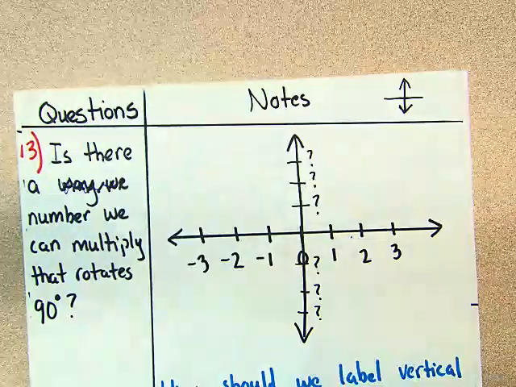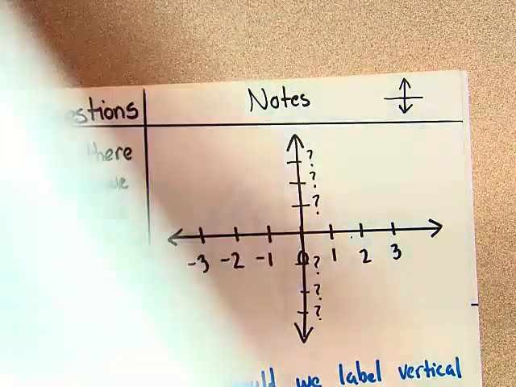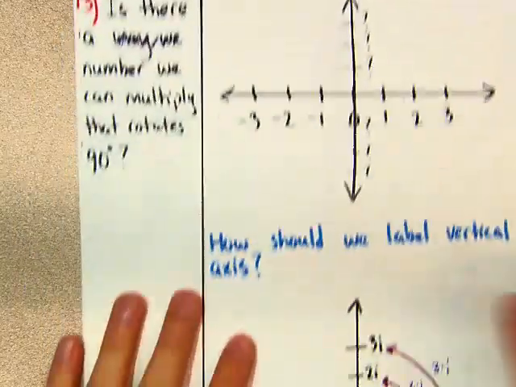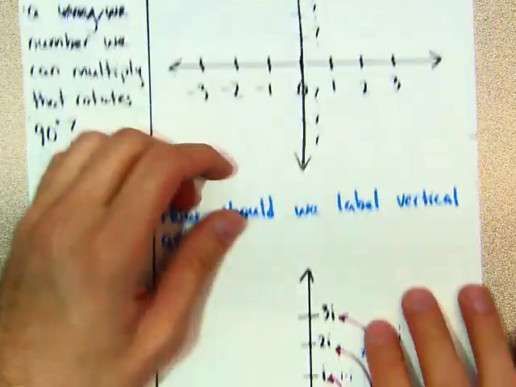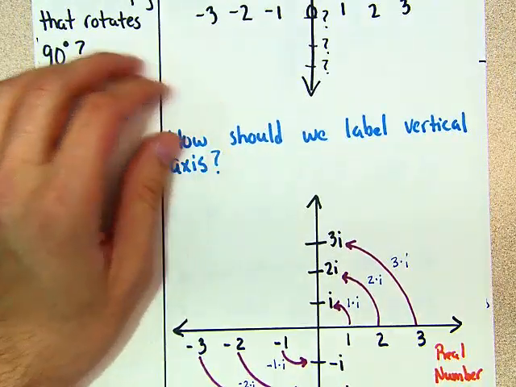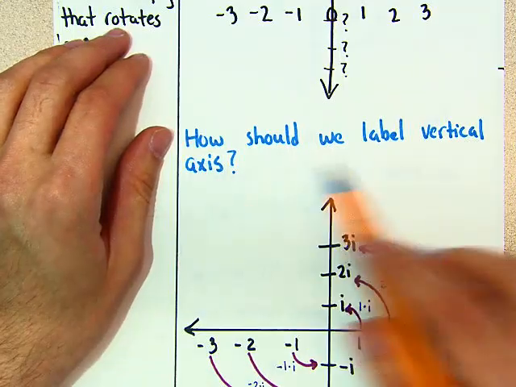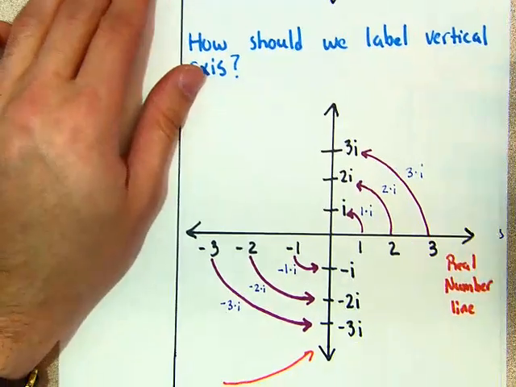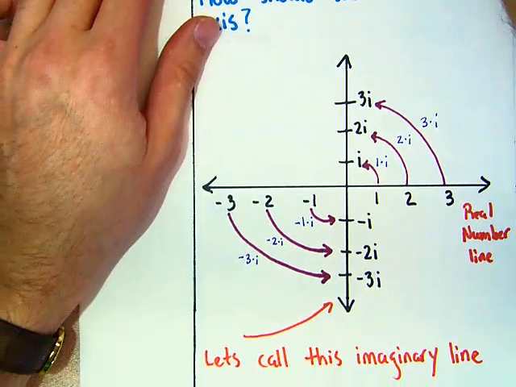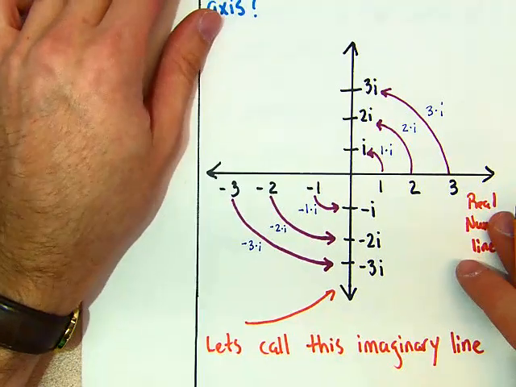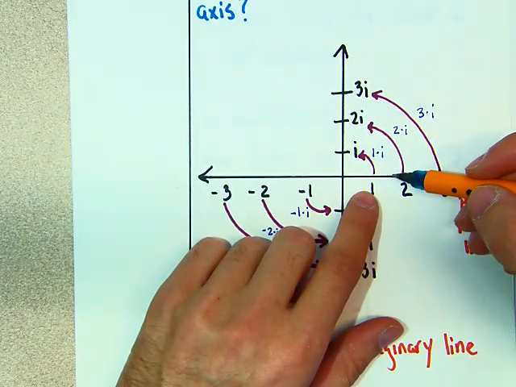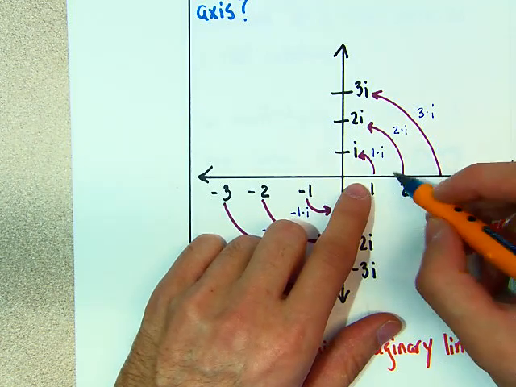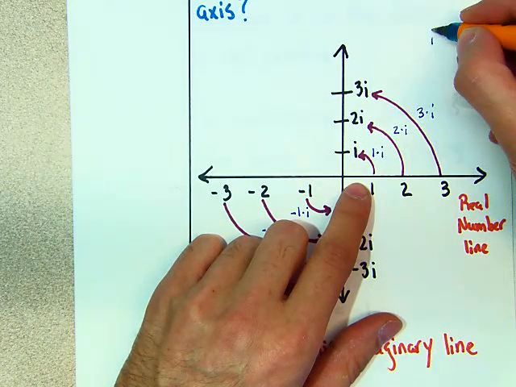So let me go back to the notes, and it should look something like this. As you can tell, this will be the line. How should we label the vertical axis? It'll be something like this. What I'd like you to do is have this in your notes. So the way to rotate 90 degrees is to multiply by i.